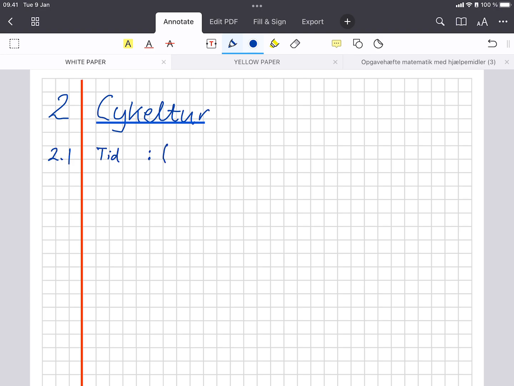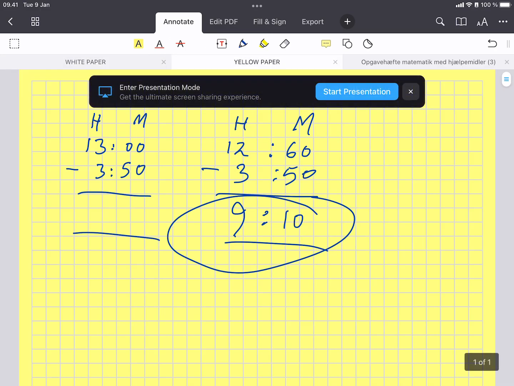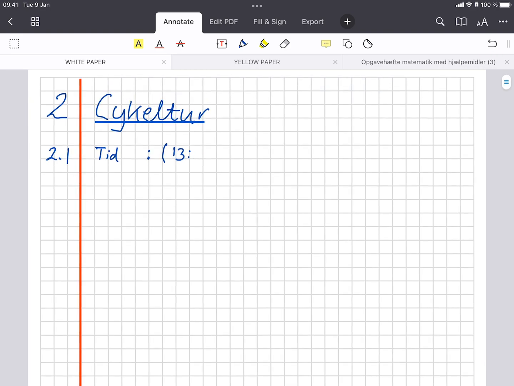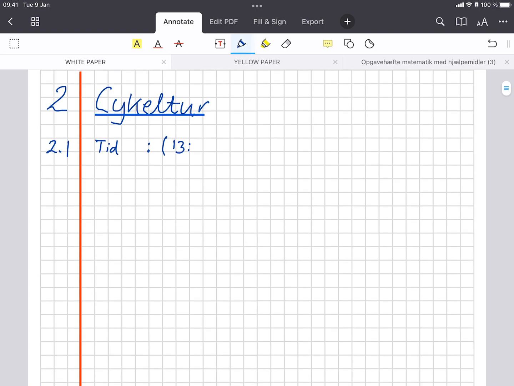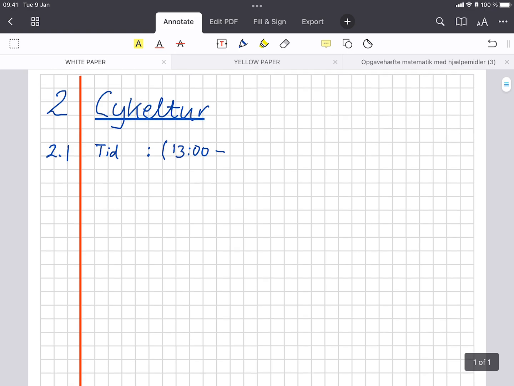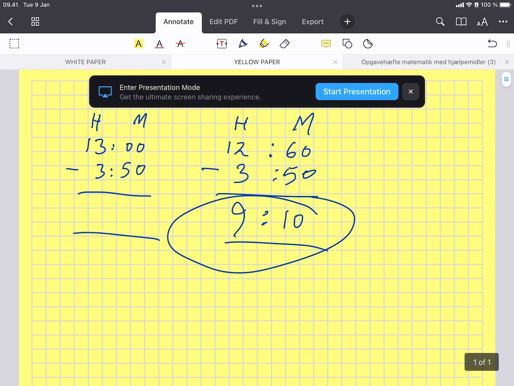So I'm essentially doing 1300 minus 350, hours to minutes, equals, what time was it? 9:10.